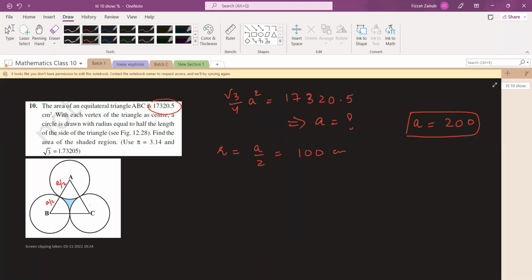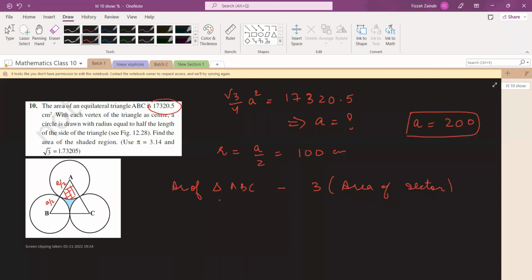So basically, for shaded region, what you will do? Area of a triangle minus 3 times area of sector, right? So you will do area of triangle ABC, right? Minus 3 into area of sector. Is that clear?